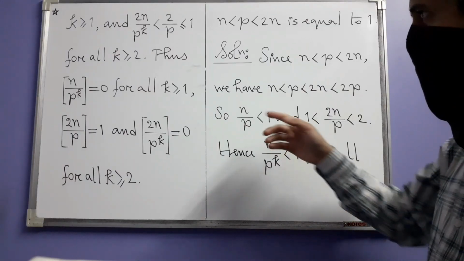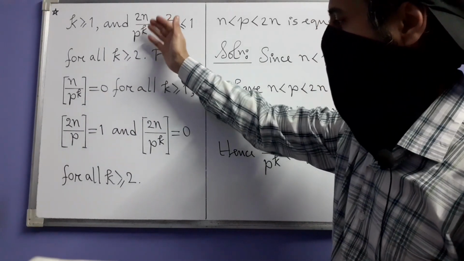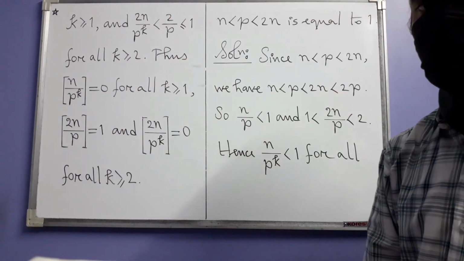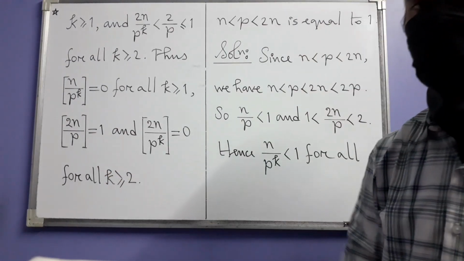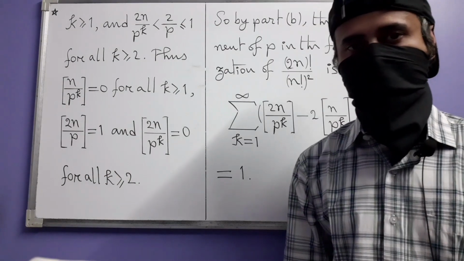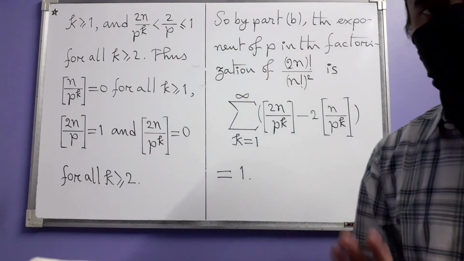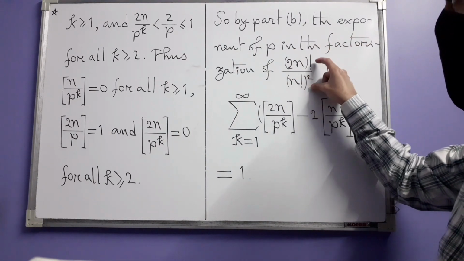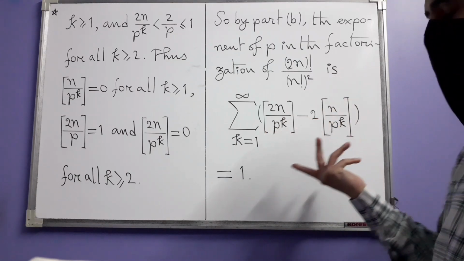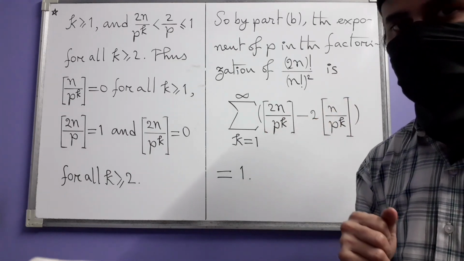Just like these ones give us this, these ones give us this. For all k greater than or equal to 2, do not forget this condition. So by part B, we now have to use part B here. The exponent of p in the factorization of this is of course this, because that's what part B says.